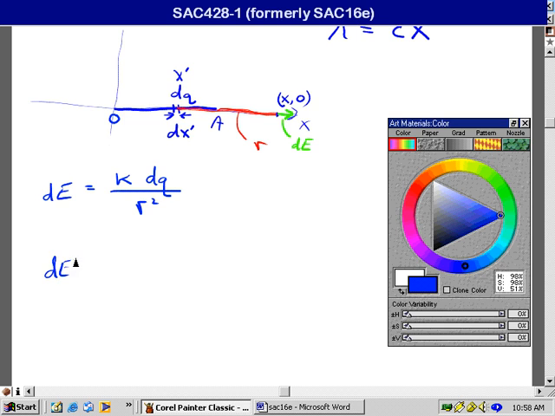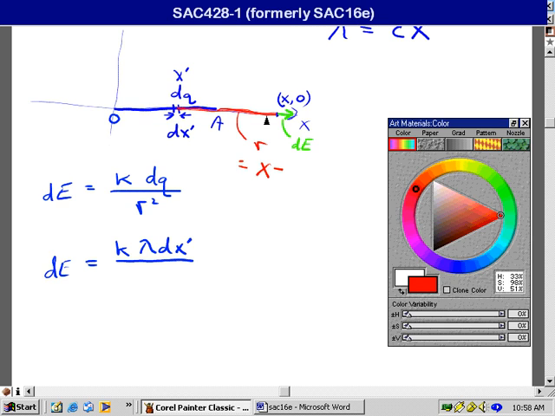The dE I can write as the Coulomb constant times dq, which is going to be lambda times dx prime. So I'm going to be integrating over x prime. And r itself can be expressed as the position where I'm trying to find the electric field minus the x prime here.